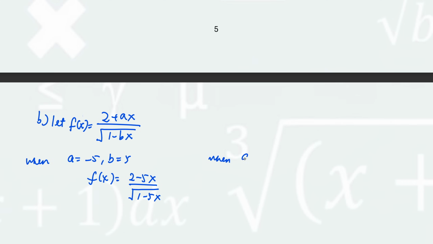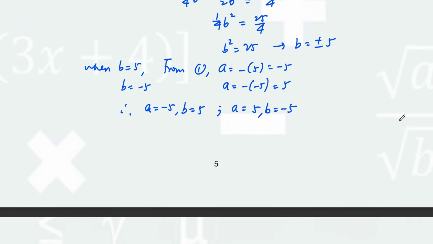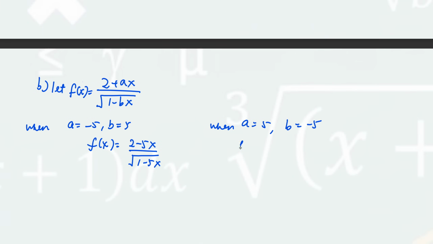So when my a equals to positive value, my b is minus 5, as we have found in the previous part. Now my fx becomes 2 plus 5x over square root of 1 plus 5x.